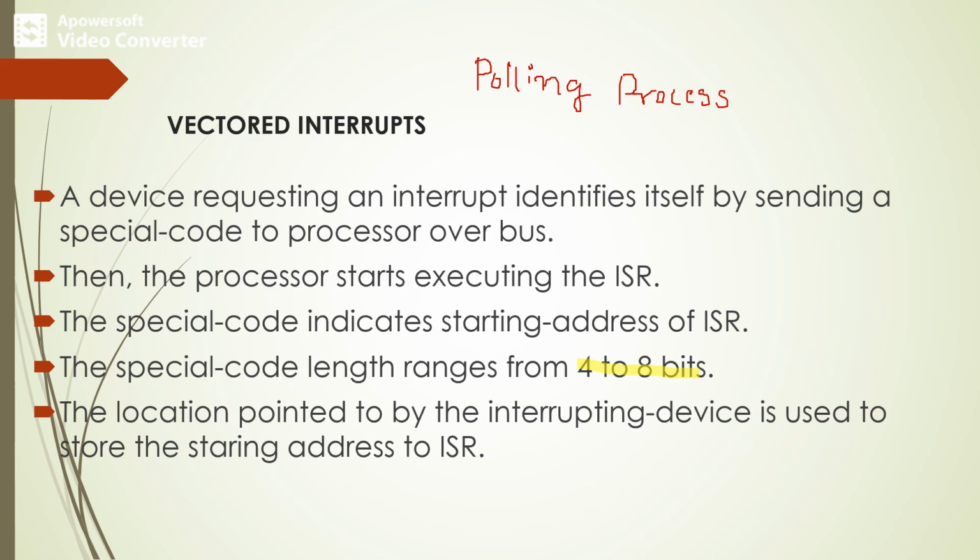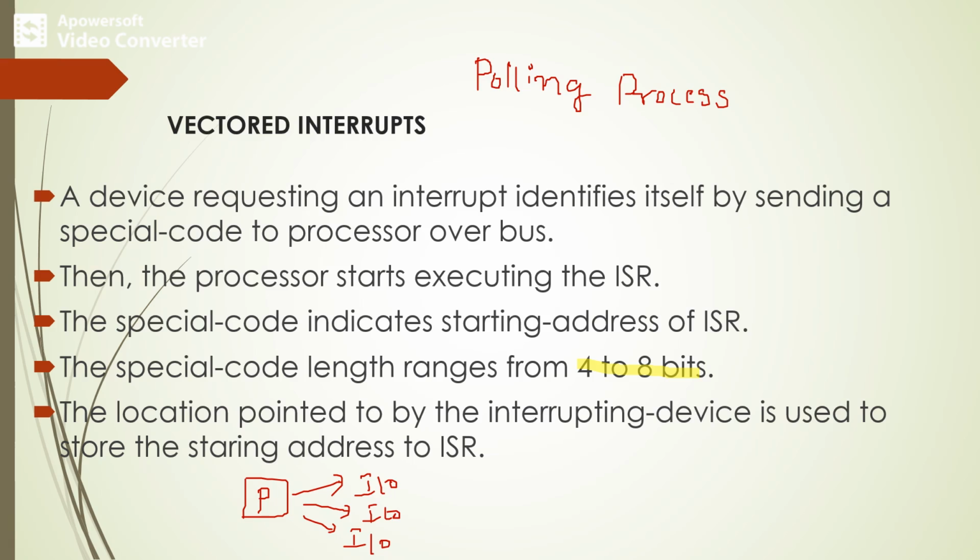In the polling mechanism, the processor checks the status of I/O devices, whereas here the I/O device itself gives its identity to the processor. In polling, the processor needs to check the status of all the I/O devices, so it takes longer.